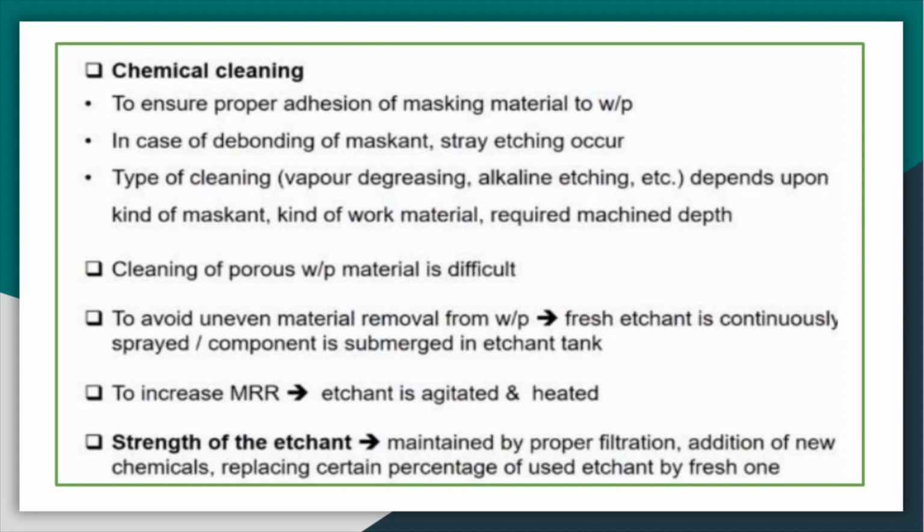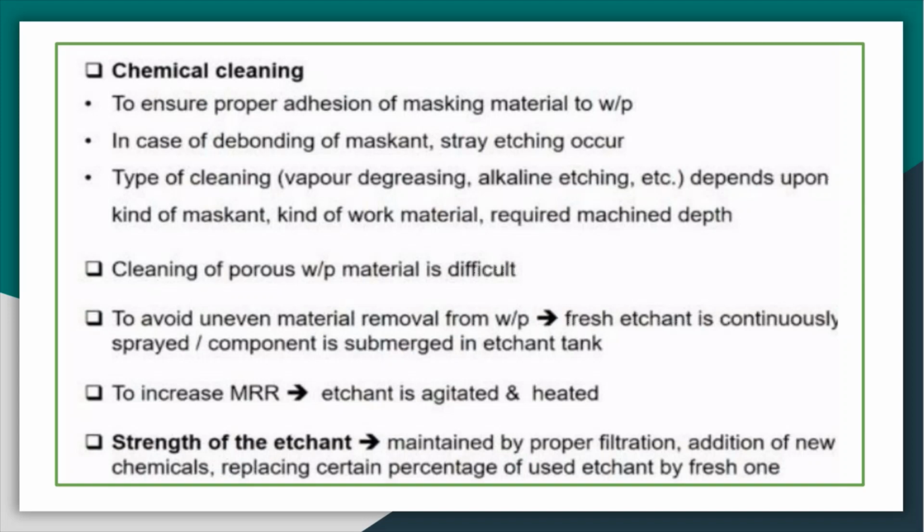Now the strength of the etchant contaminated with the reaction products can be maintained by proper filtration, then addition of new chemical, as well as by periodically replacing a certain percent of the used etchant with fresh etchant.